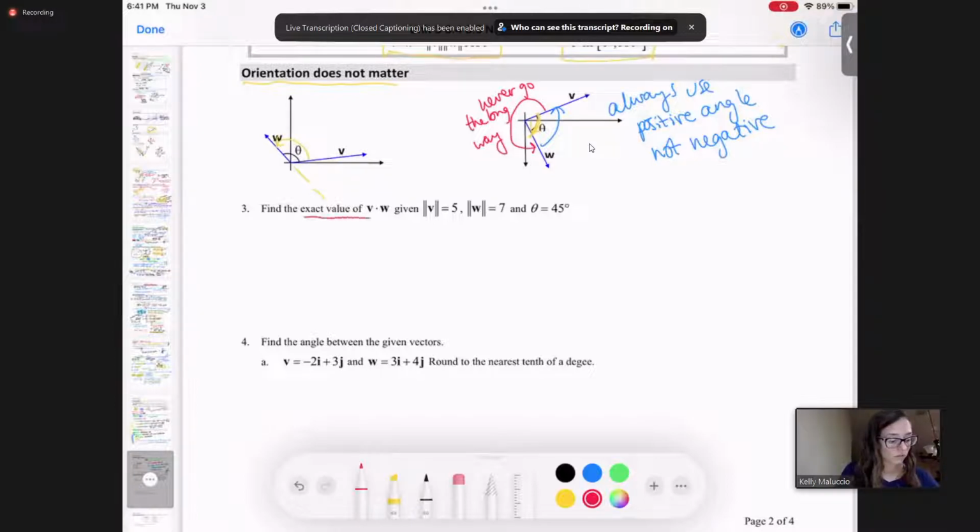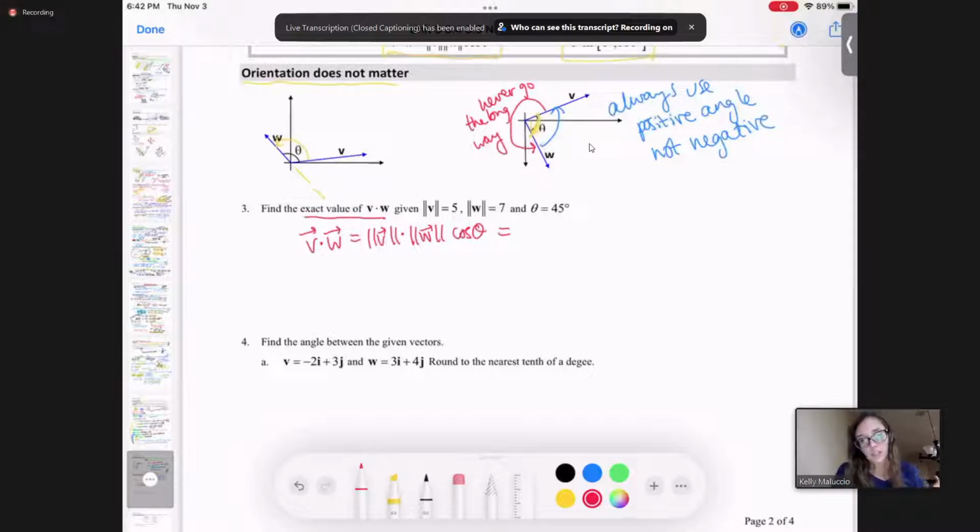So now we're looking at find the exact. Now we're back to exact because they're giving us theta is 45, right? Because we know how to compute sine and cosine of 45, or really just cosine in this case, we want the exact answer. And they give us everything we need. So V dot W is going to equal the magnitude of V times the magnitude of W times cosine of the angle in between.